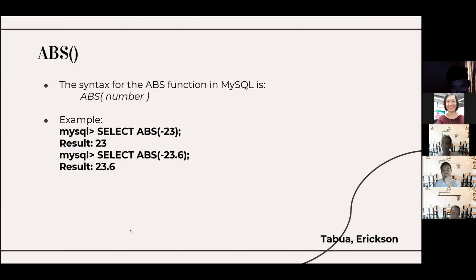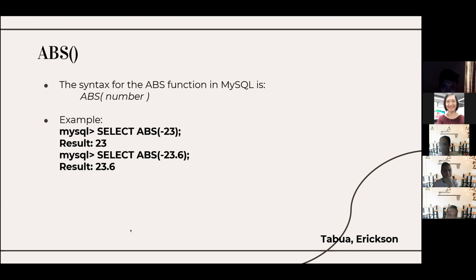So, ABS function. The ABS function is a mathematical function that returns the absolute positive value of a specific numeric expression.